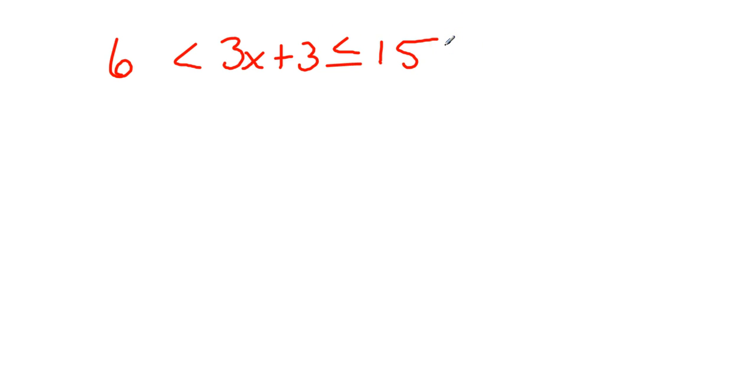So let's go with 6 less than 3x plus 3, which is less than or equal to 15. Here's one where they don't give you any words. There's no "and," there's no "or." When you see one like this, it's basically an "and" statement, even though the word's not there.